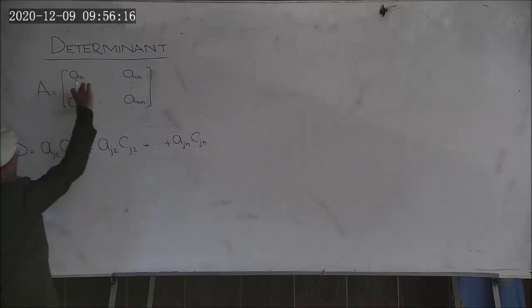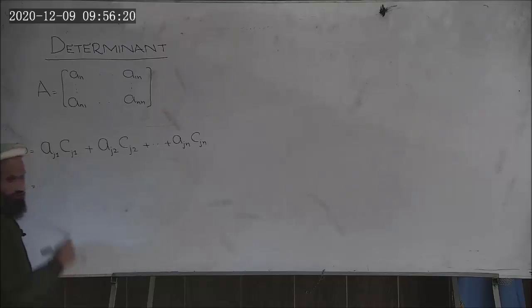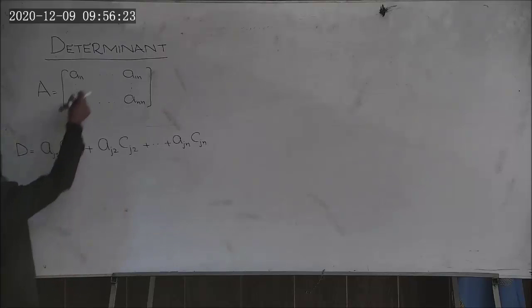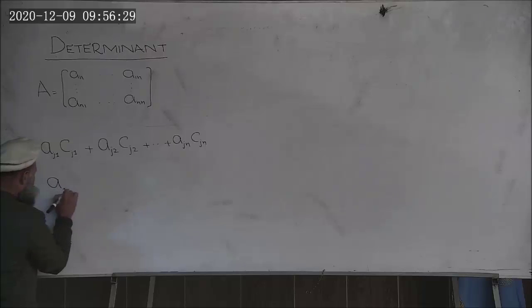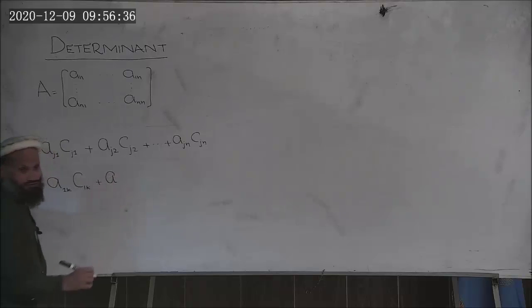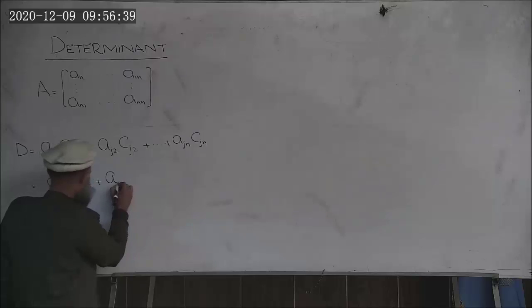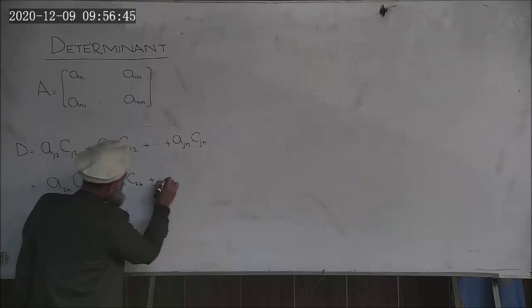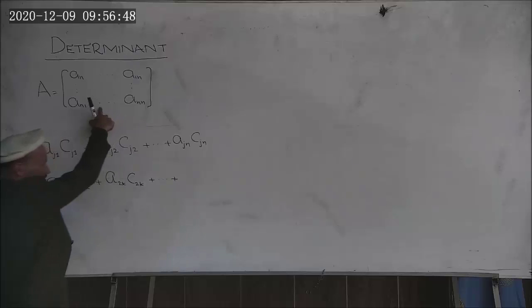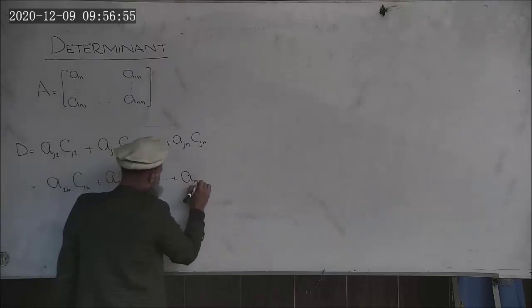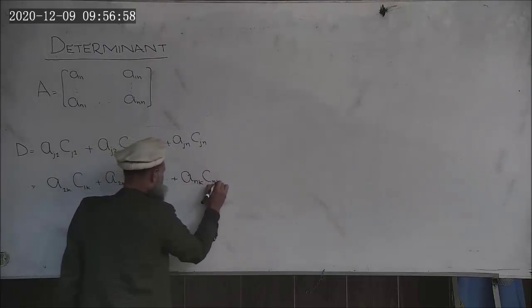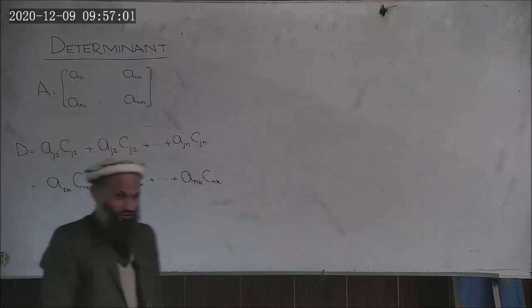If we expand by the jth row, or if we expand it by, for example, the kth column, then what do we get? We can expand this determinant by any row or any column. If we expand it by the kth column, a1k multiplied by C1k, plus a2k multiplied by C2k, up to the last entry in the kth column, ank Cnk.